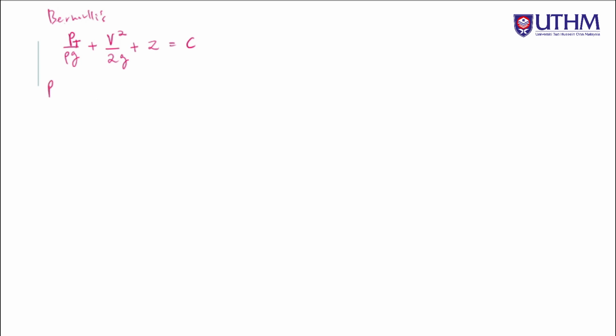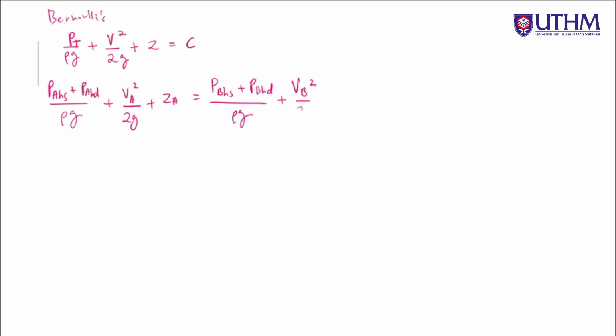Okay, so kita tahu P ni if P total kan, so in actual dia ada dua. So kita ada PA due to hydrostatic plus PA due to hydrodynamic over rho G plus V squared A ni point A over 2G plus ZA equals to PB hydrostatic plus PB hydrodynamic over rho G plus VB squared over 2G plus ZB.